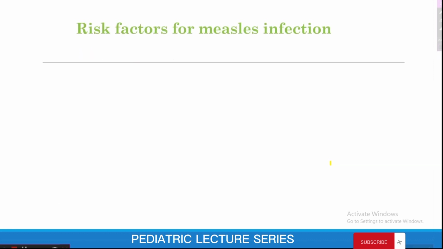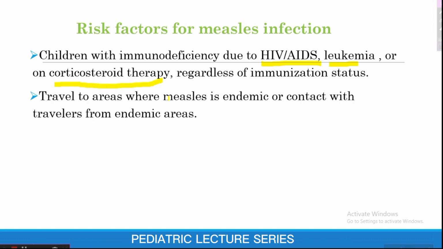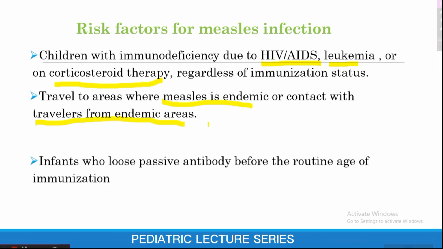So let's look at what makes an individual more susceptible to measles infection. One, children with immune compromise due to HIV, leukemia, or corticosteroid therapy, regardless of their immunization status. Then travel to areas where measles is endemic or contact with an individual from an endemic area.